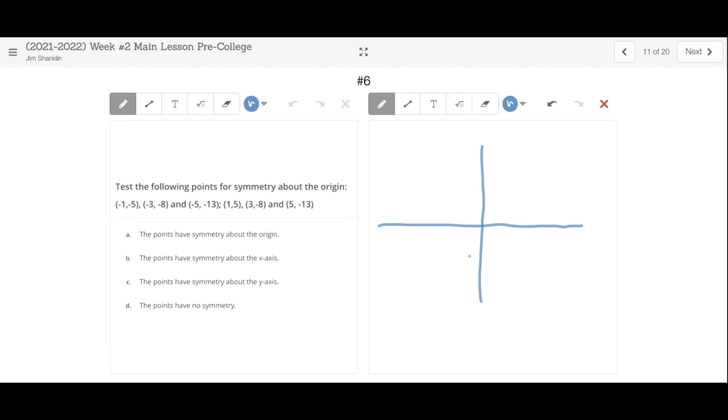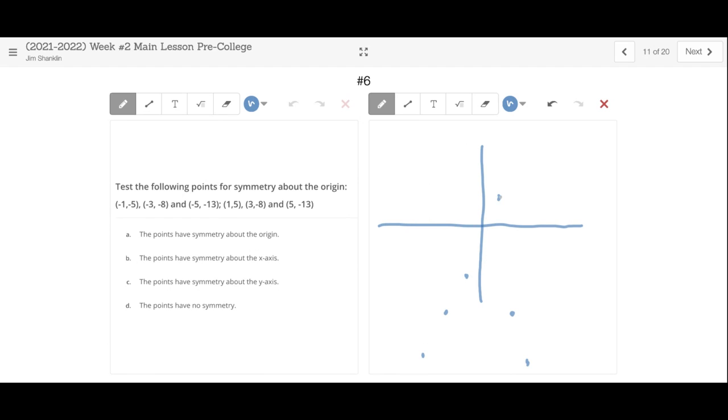So (-1, -5) would be down here someplace. (-3, -8) is going to be down here someplace. (-5, -13), down here. (1, 5). (3, -8), down here. And (5, -13).